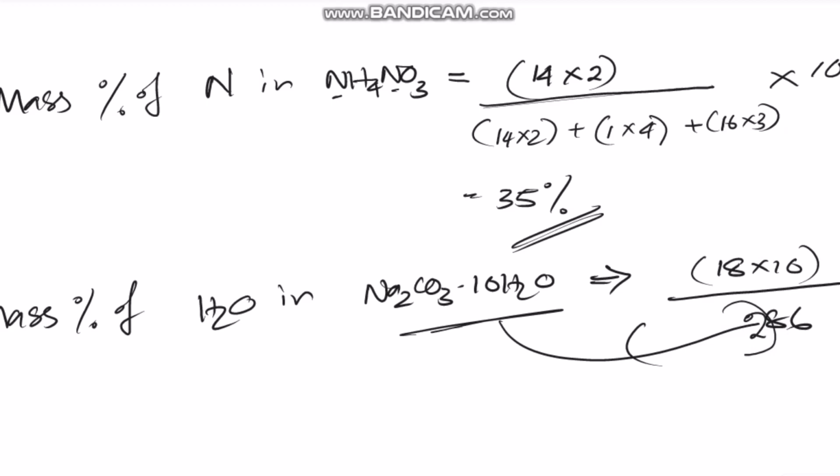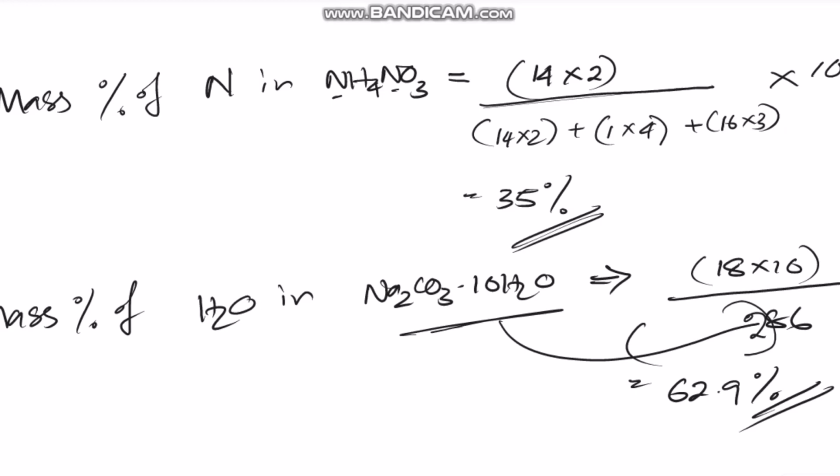So 180 divided by 286 into 100, you get 62.9%. That's how we do the mass percentage of atoms or compounds or molecules.